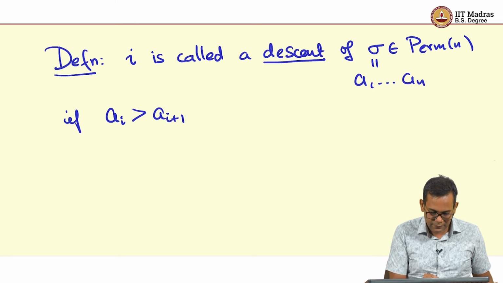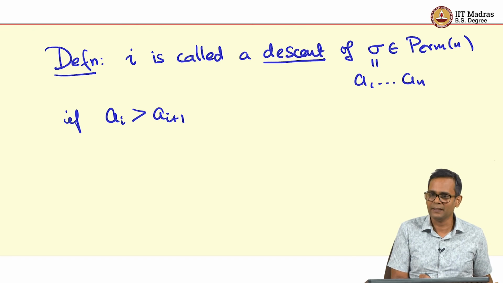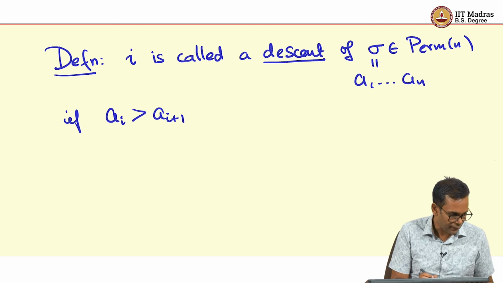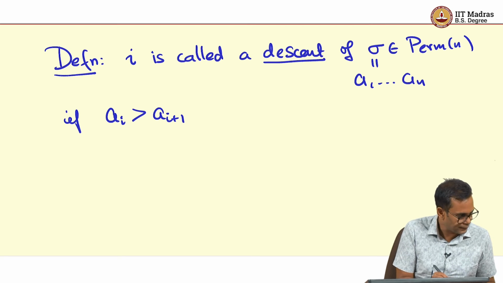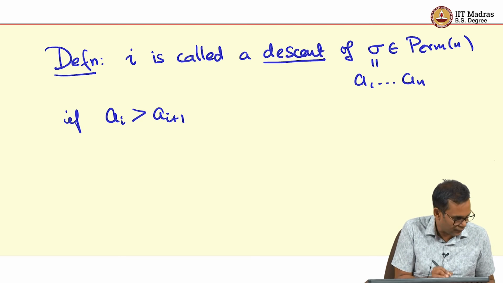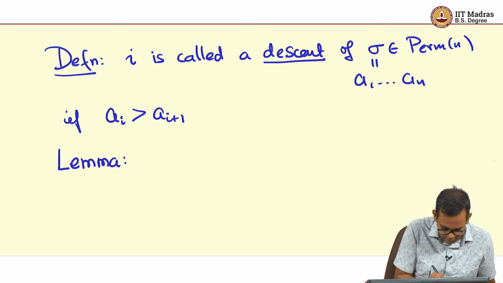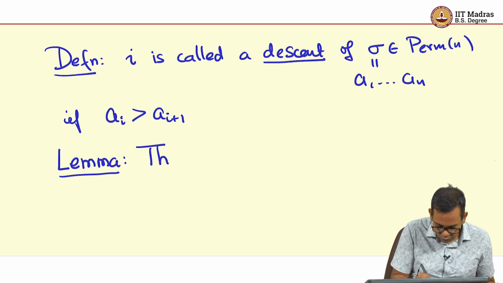So, this A_i and A_{i+1} are in descending order at the position i. And here is a simple observation which I will state as, let us call it a lemma. The following are equivalent.